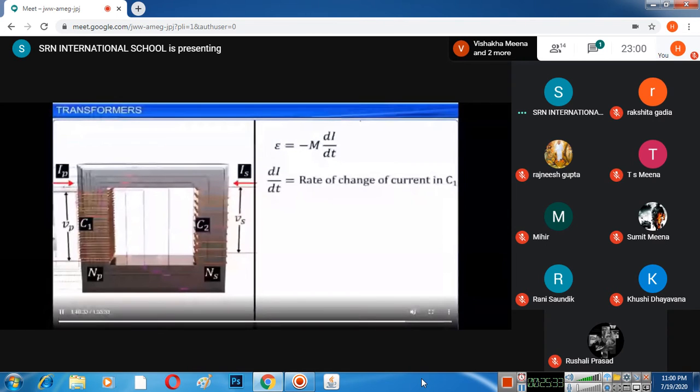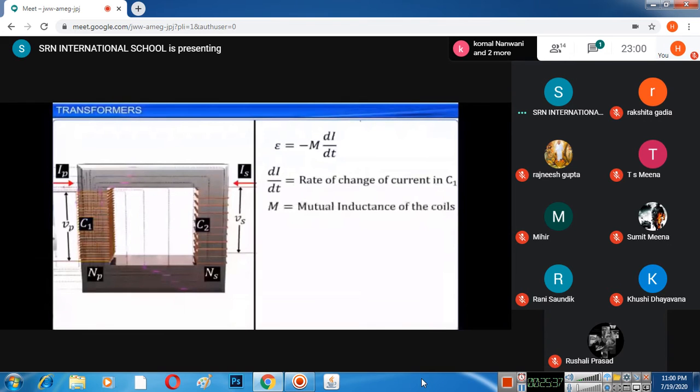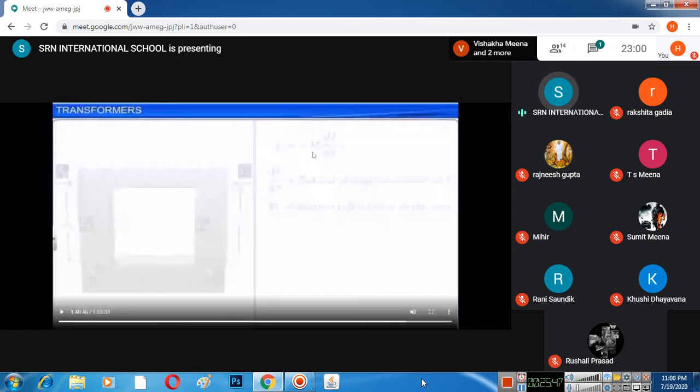The negative sign here indicates the direction in accordance with Lenz's law. Here we have taken this M as N, the number of turns, and this di by dt as d phi by dt, the flux linked with the coils.